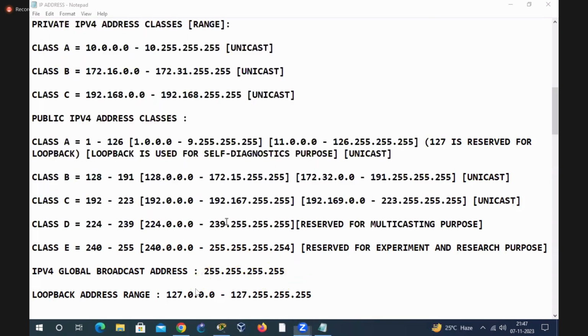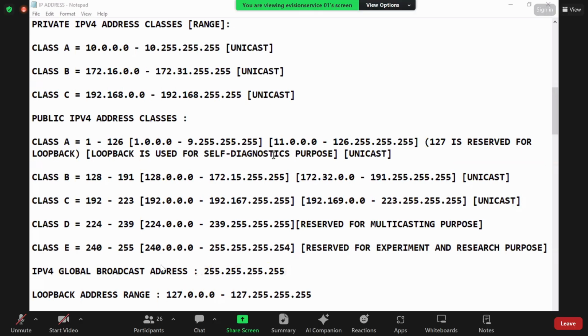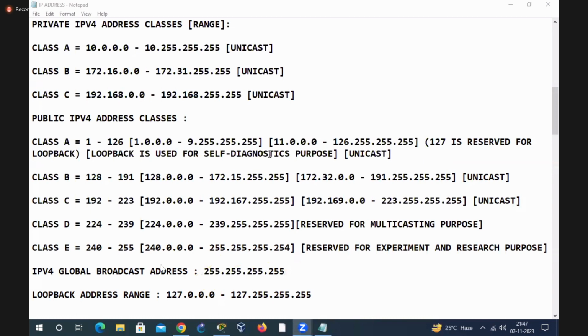Okay. So these addresses are very important, everyone. These ranges are very important. So make sure that you remember these address ranges. Whenever you are using any IP address, you should immediately figure out which class of IP, which type of IP you are using, whether it's public or private, and for what purpose you are using that IP, like unicast, multicast, or broadcast purpose.